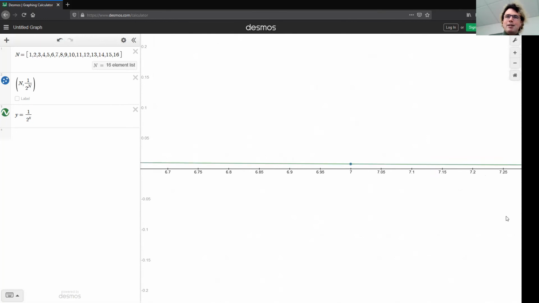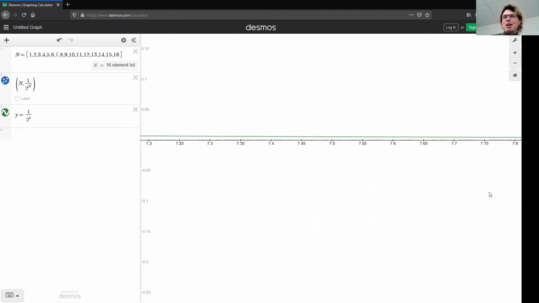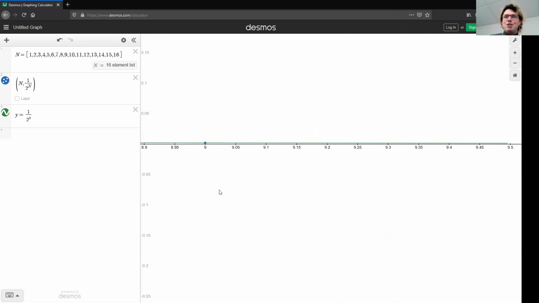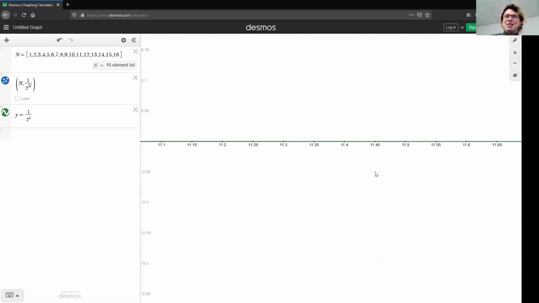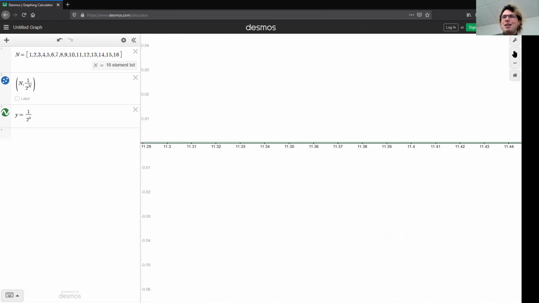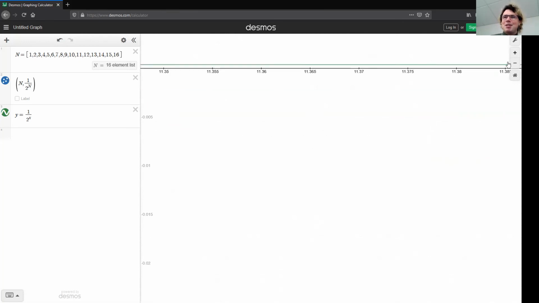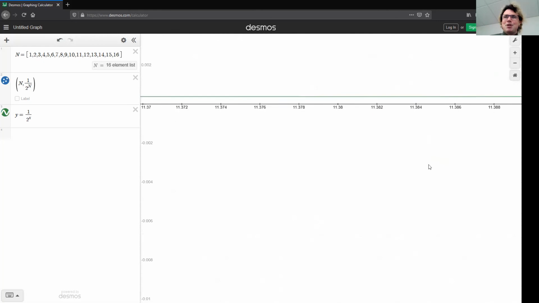But the thing about limits is the farther I go out, eventually I get back to this point where, oh, I can't tell the green line apart from the black line anymore. I can't tell the graph of my function separate from the x-axis itself. And I could zoom in a little bit more until I see some daylight between those two curves.